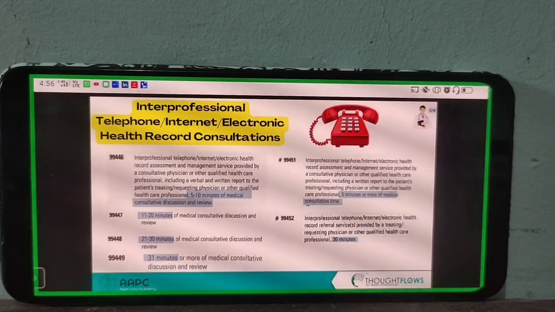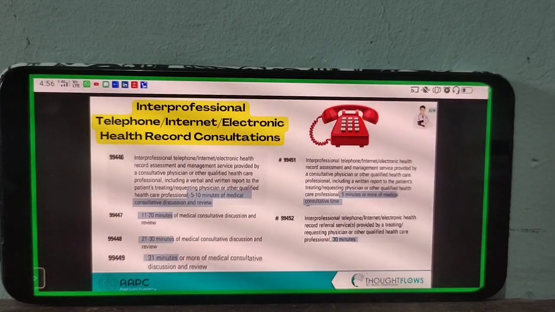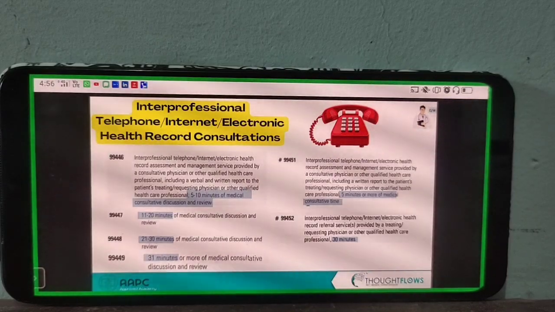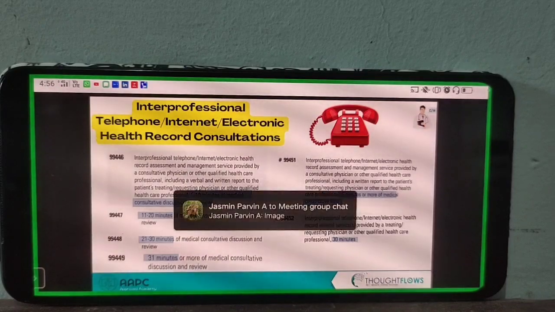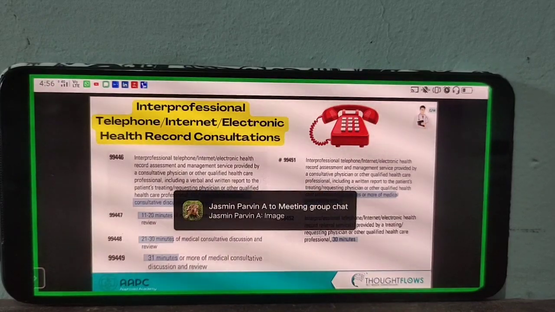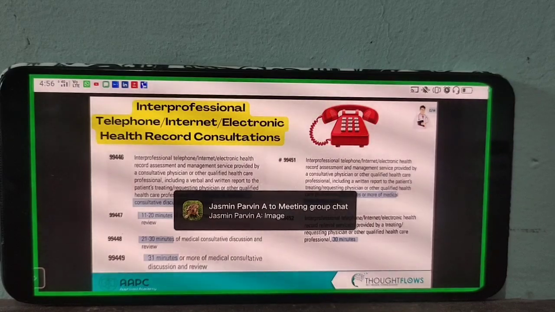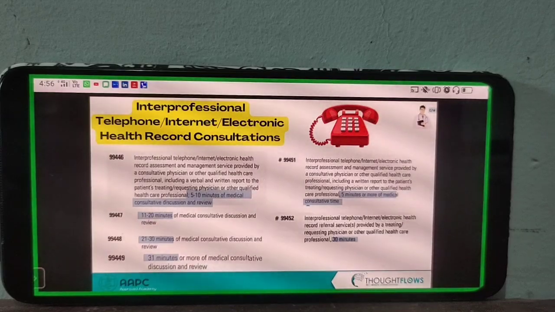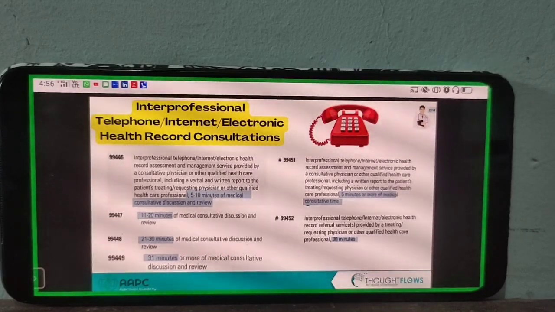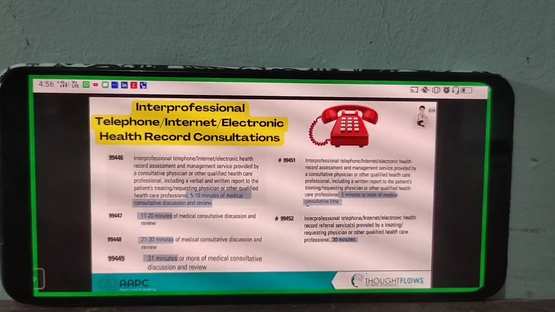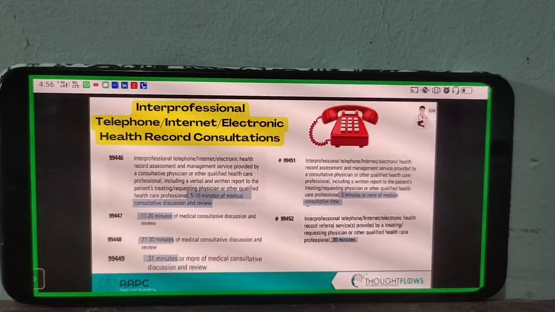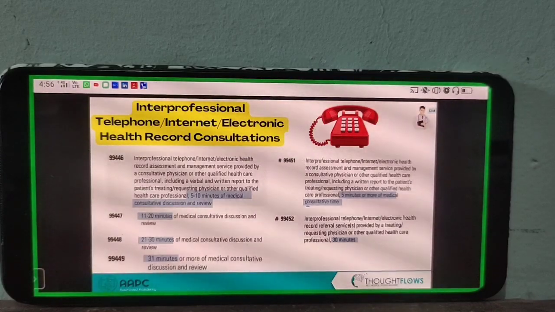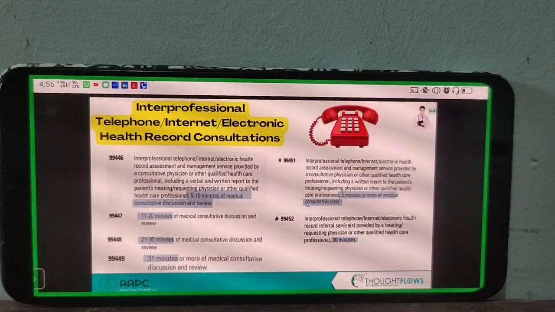What is the difference? Here in 99446, check the fourth line. Consultative physician or other qualified healthcare professional, including verbal and written report to the patient. So they are communicating with the provider. The patient and the doctor do not meet directly. This is not face-to-face communication; they communicate by phone call or video call only.